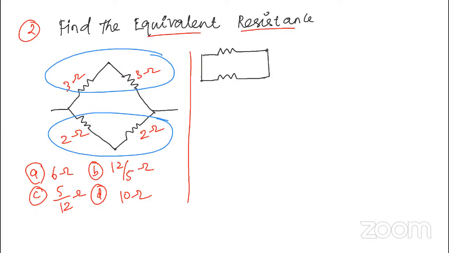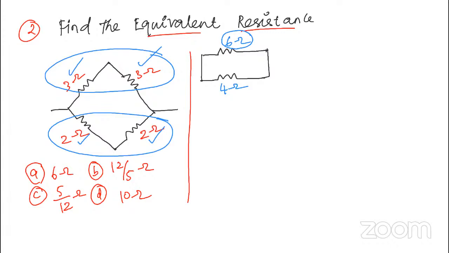Here 3 plus 3 is 6 ohm, and this 2 ohm and this 2 ohm we write as 4 ohms.